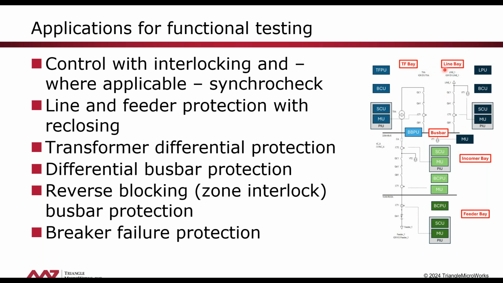We could test the line bay, we could test the transformer bay, we could test bus bar protection, and we could test the low voltage side consisting of incomer bay and feeder bay. And on these scenarios, we applied these applications. Not all of them apply to every scenario. Apparently, transformer differential protection only applied to the transformer bay, but those were basically the applications that we were using for our functional testing.